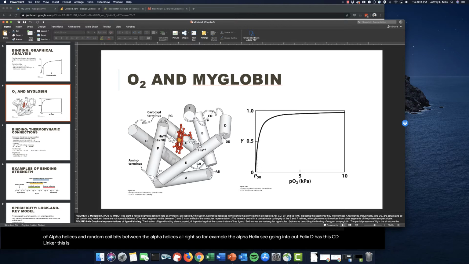This is random coil, which means that it isn't really structured. If you were to look at this CD loop or CD linker region in solution, it would have multiple conformations. It would change all the time, kind of like a string fluctuating in a breeze, or like a noodle flopping around in solution.